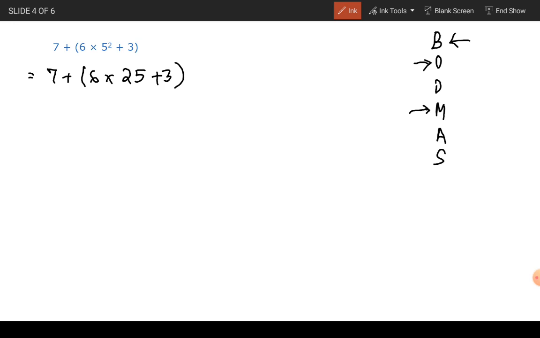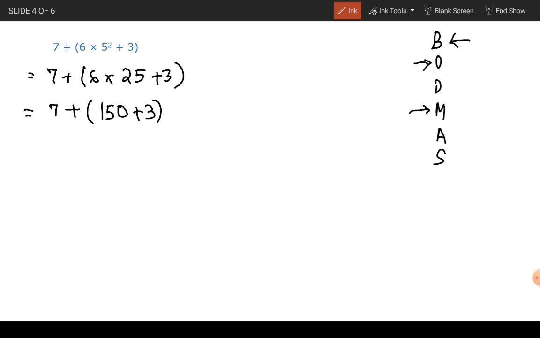So you are supposed to solve 6 into 25 first. So that can be done as 7 plus 6 into 25 is 150 plus 3.